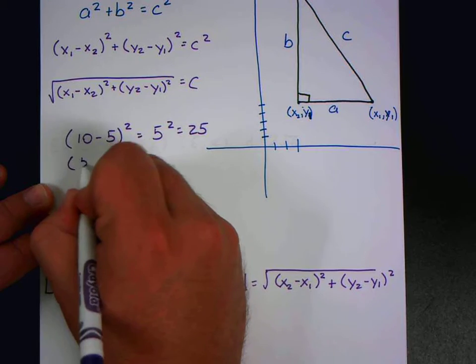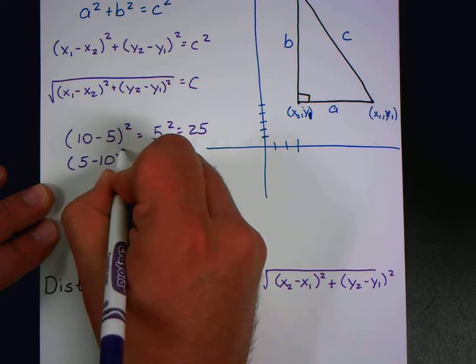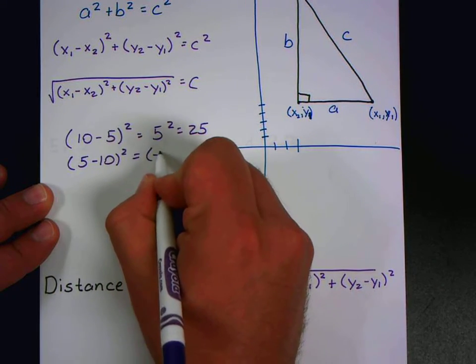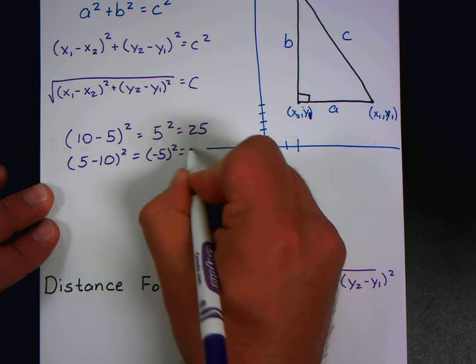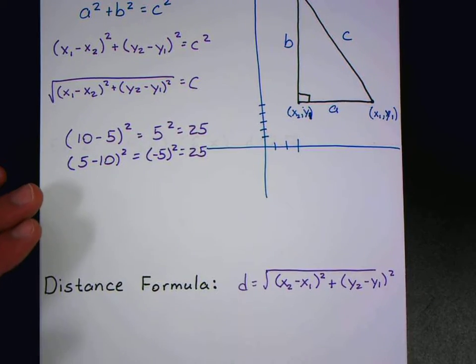Or if I take 5 minus 10 squared, that's negative 5 squared, which is 25. So since I'm squaring them, it really doesn't matter what order I put the numbers in. I can keep the variables exactly how I have them and switch the order around just because I want the 2's to come first. Still doesn't matter.